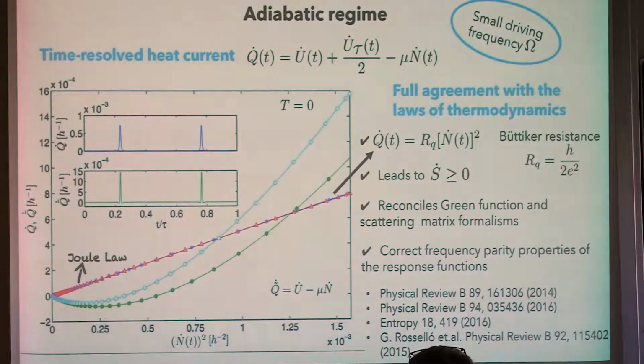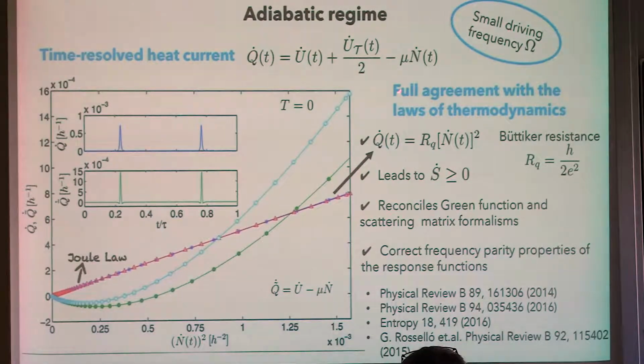And well, this definition is also good because it leads to positive entropy production, gives the same result, and reconciles the Green function formalism and the scattering matrix formalism. You can use whatever you want and you will arrive at the same result.